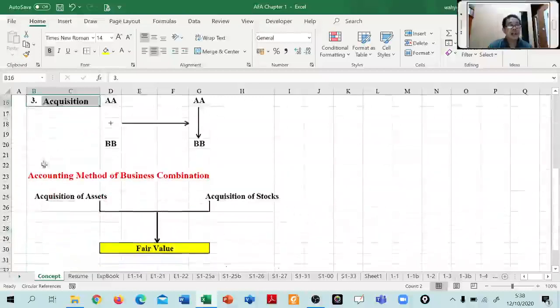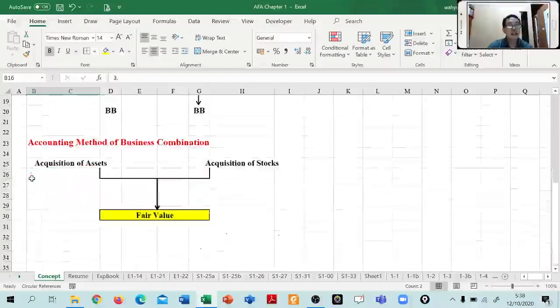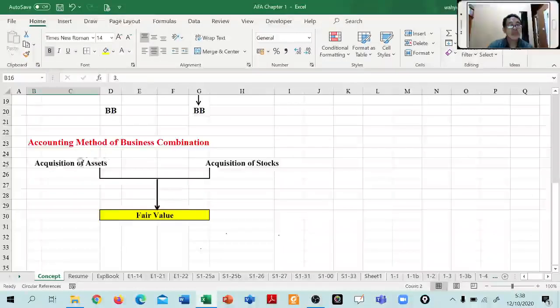And then the accounting method of business combination. There are two kinds of acquisition method. The first is acquisition of asset, and second is acquisition of stock.